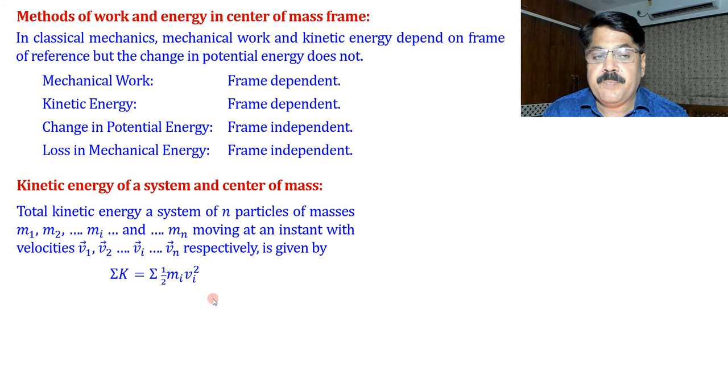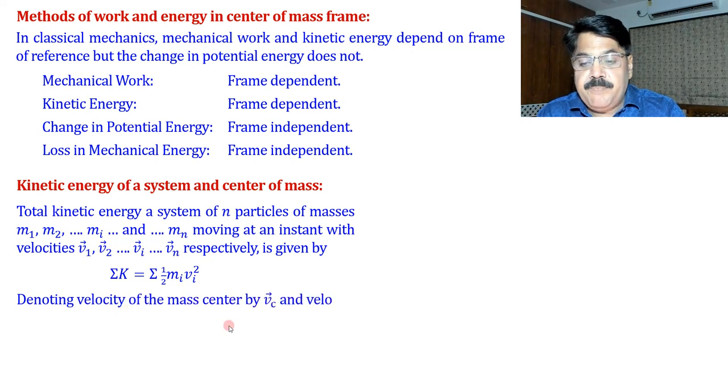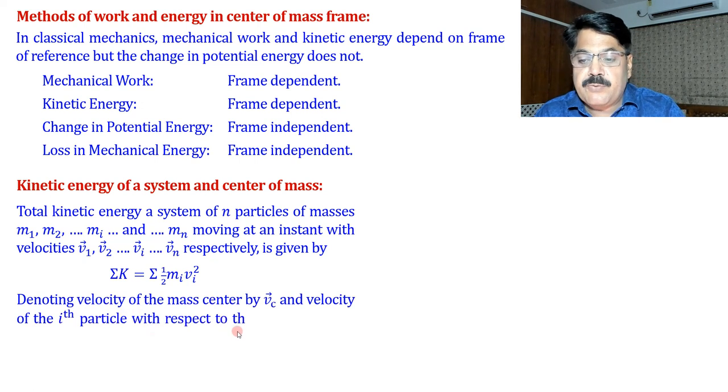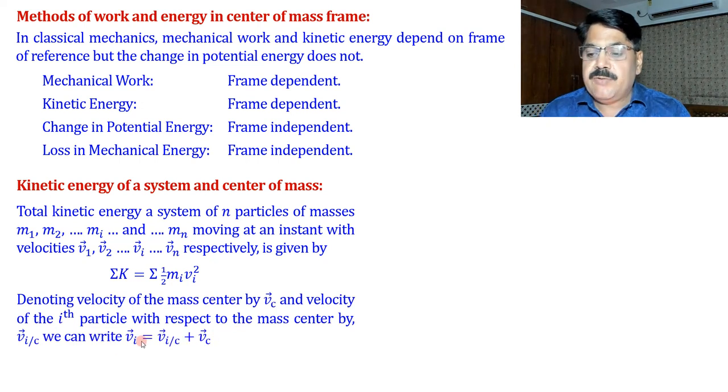In this way, we can incorporate the kinetic energy in terms of velocities with respect to the mass center. So let us see how we can do it. Denoting the velocity of the mass center by vc and the velocity of the ith particle with respect to the mass center by vi with respect to c, we can write vi vector is equal to vi with respect to c plus vc vector.